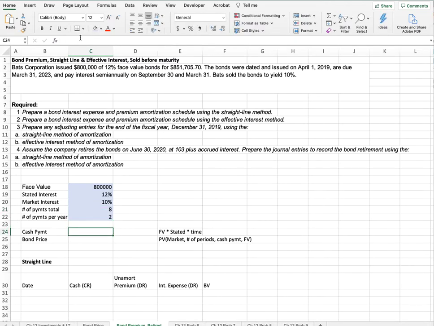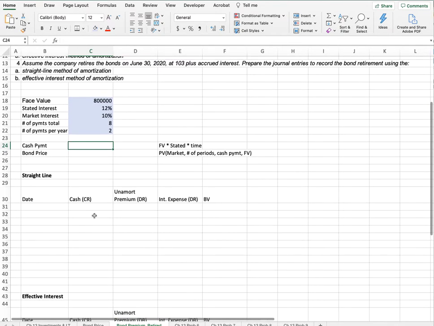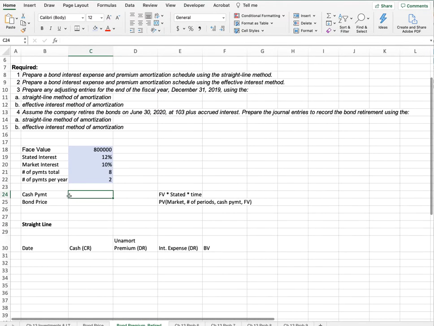Now that we have that, we're going to calculate the cash payment so that we can use that to calculate the bond price. The cash payment we're also going to see down in our amortization schedules again, but we're going to calculate it up here just for the purpose of having the plug for our bond price.